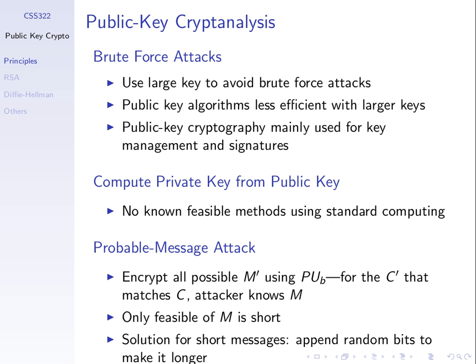You know the public key, PUB here. Take every possible plaintext that there can be, M1 through to MN, encrypt them all, and you get a set of ciphertext values.